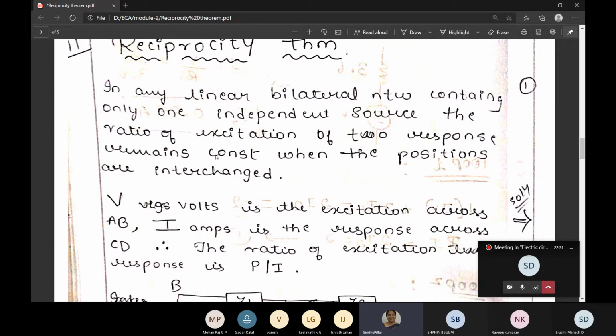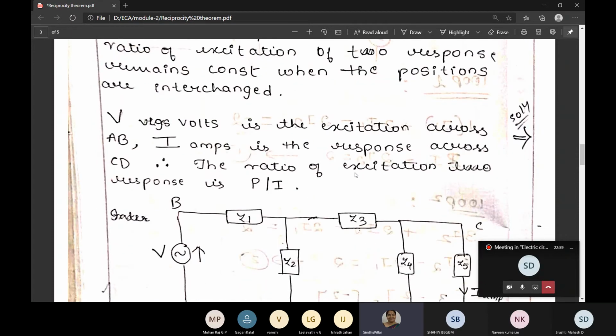It will not change when the positions of the excitation and response are interchanged. If the ratio remains constant, the reciprocity theorem is proved. If we do not get a constant ratio, then it is not proved. So how will that be explained?